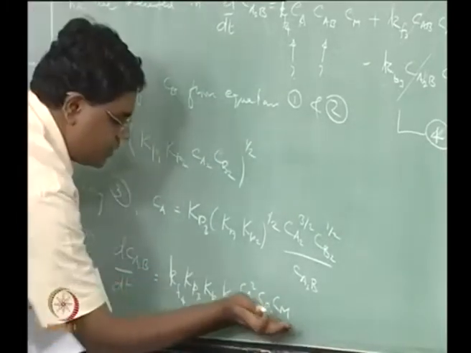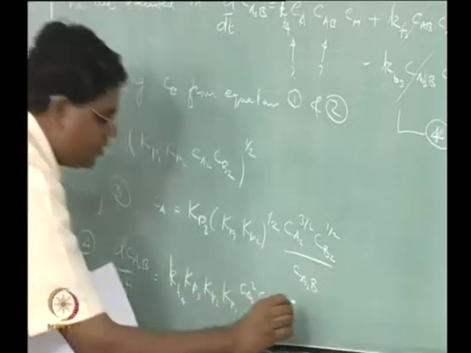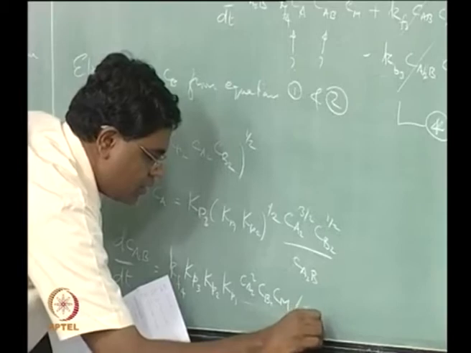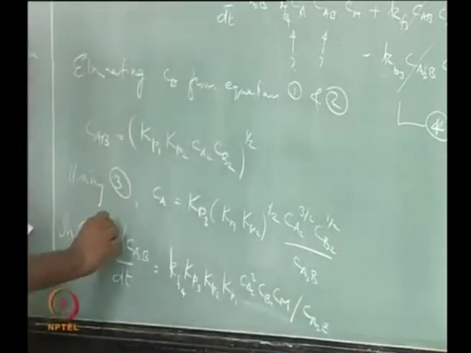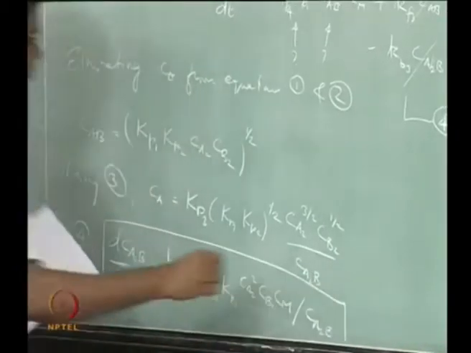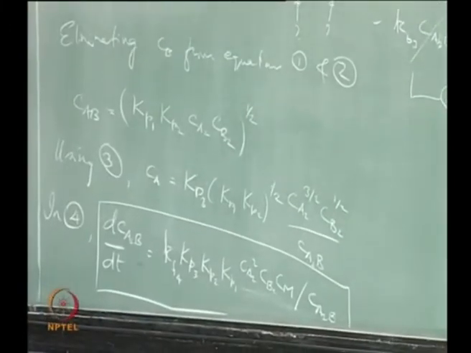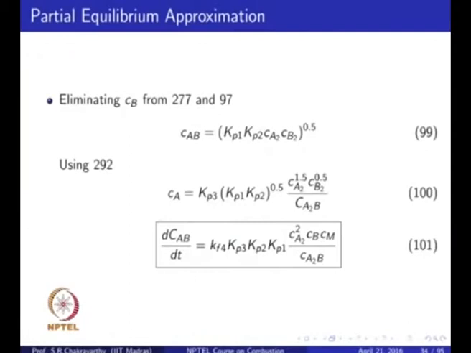Well, let me write this in the same line, divided by CA2B. So that's the answer for you. I just worked it out for you, so you should now know how to do these things, right?